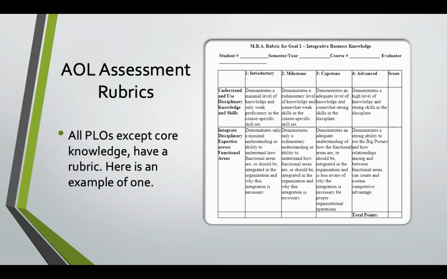For example, the rubric shown is for the MBA classes that pertain to integrative business knowledge. The rubric trait for this rubric is to understand and use disciplinary knowledge and skills to integrate disciplinary expertise across functional areas. The columns explain what each score indicates. When you assess a student, you will circle their score for each row.